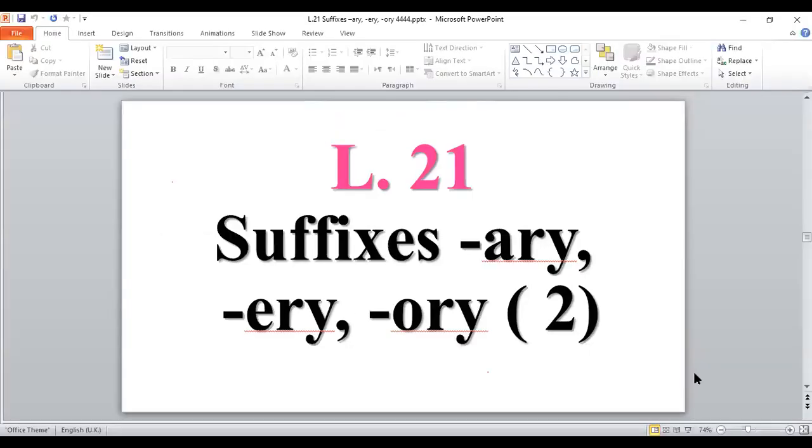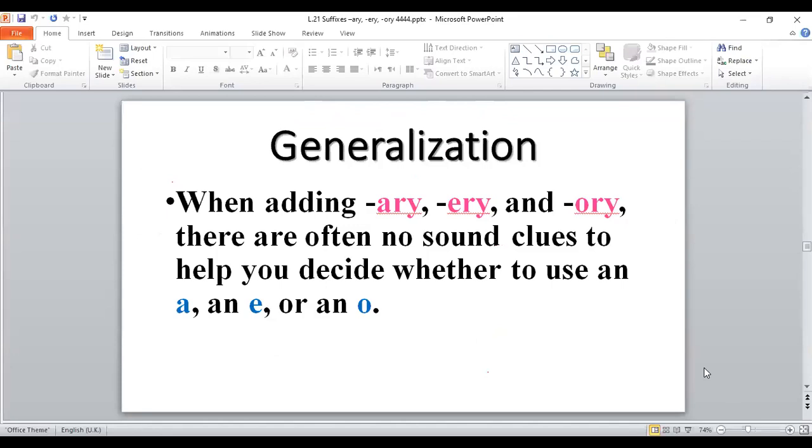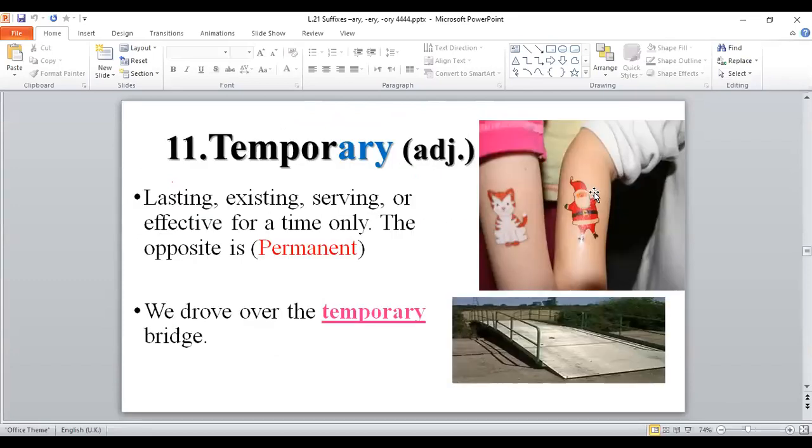So that's why you have to memorize the word, because if you want to write the letters according to the sound, you will find the sound is the same in all three word parts of the suffix.